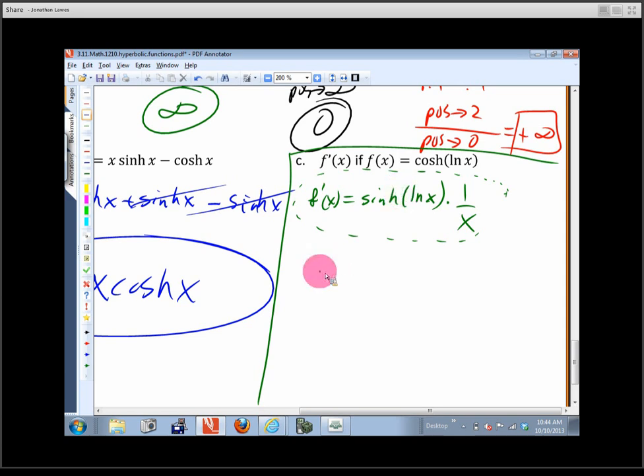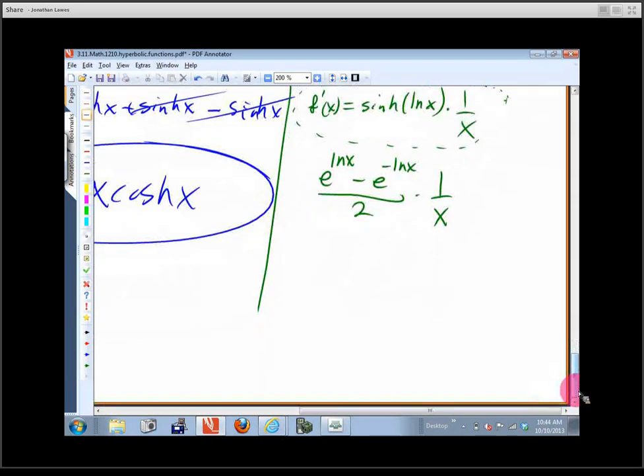So this would be e to the ln of x, well that looks good, minus e to the minus ln of x, all over 2 times 1 over x. And now we'll stare at that for a minute. Because part of that is very easy. And then another part is maybe not so easy. Okay, what part's easy?